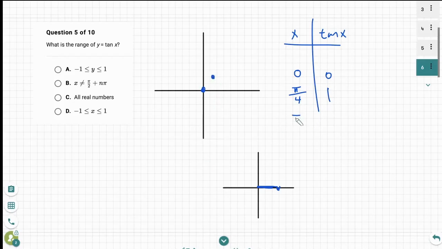Let's do pi over 2. What's the tangent of that? That'd be undefined. Yeah. It will be opposite of 1 over adjacent of 0. So then we can mark an asymptote here at pi over 2.